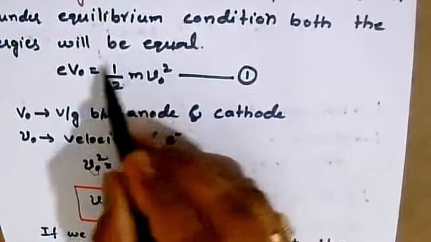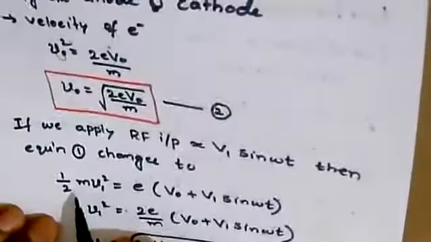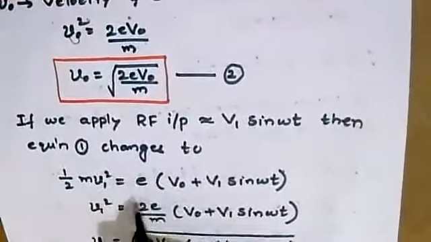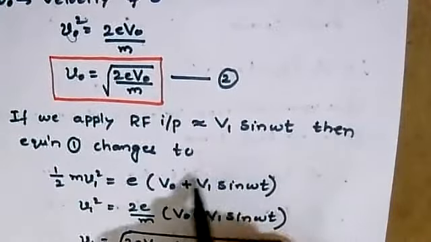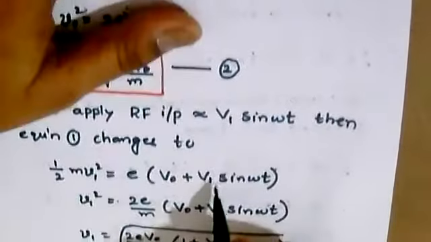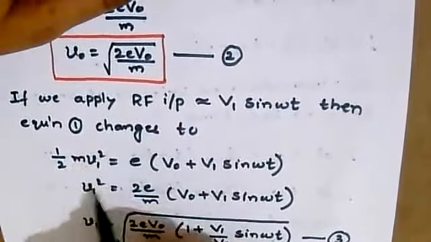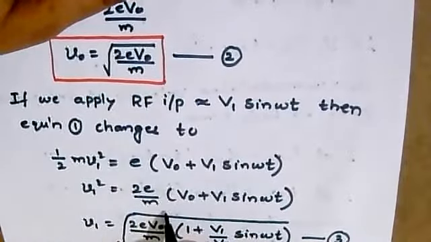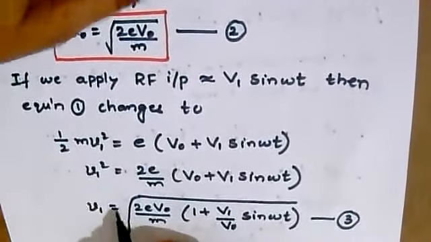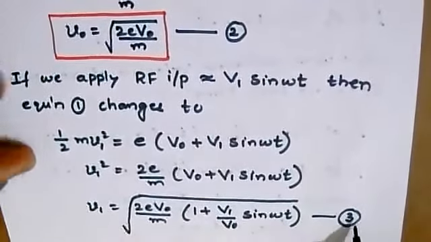So half m v1 square is equal to eV0 plus the RF input included in this equation, so instead of v0 it is v1 square. Now taking all this to the RHS, it becomes 2e by m, and taking the square root, v1 becomes a square root. Let this be equation 3.